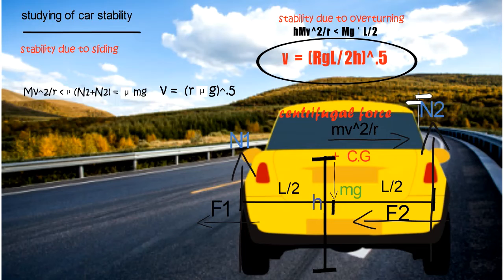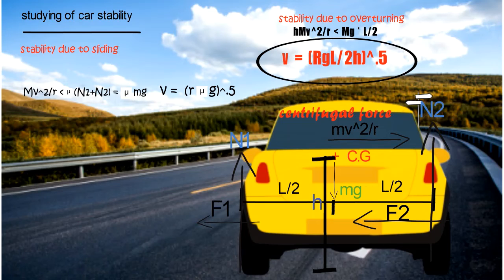The lower the h, or the shorter the distance from the center of gravity of the car to the point of overturning, the more allowable velocity we will have. That provides more safety at curves or any change of direction due to an emergency.